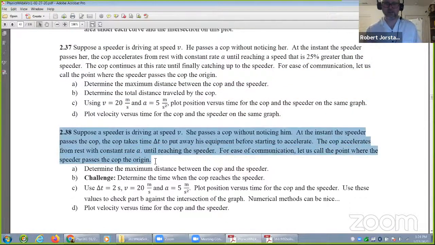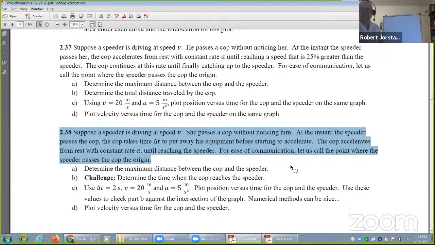Sorry, I said the wrong number. 2.38. And again, let's focus on the setup of this problem. Eventually, you'll learn that that's where the learning happens.